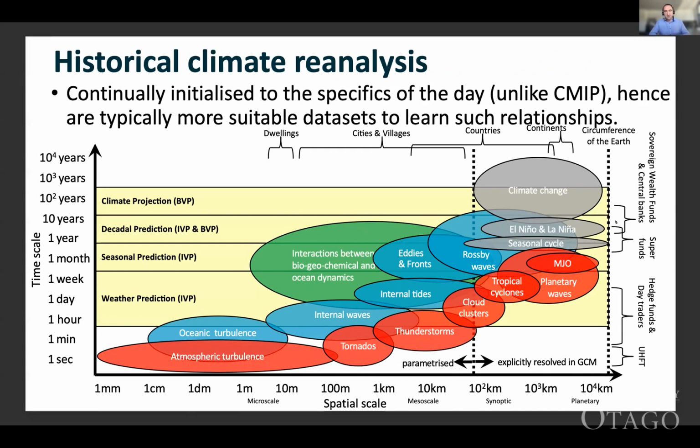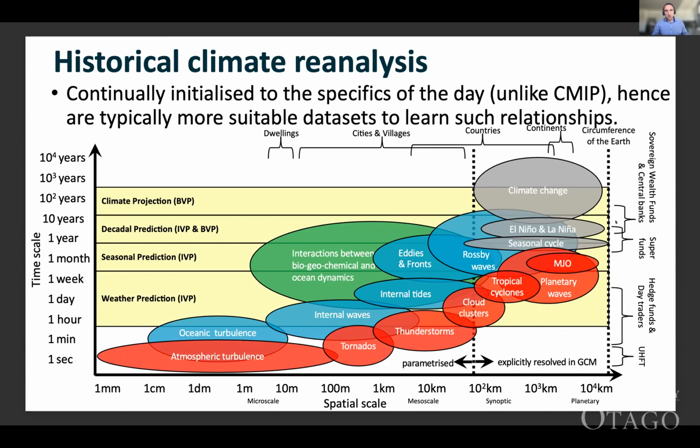One more subtle point to note, again for the audience, it might be appropriate to outline. When you're looking to determine relationships between human systems and the climate, historical climate reanalysis is really the appropriate type of data set you should be using. It's because these data sets are continually nudged or corrected toward the observations of the day or of the month, depending on how often it's done.